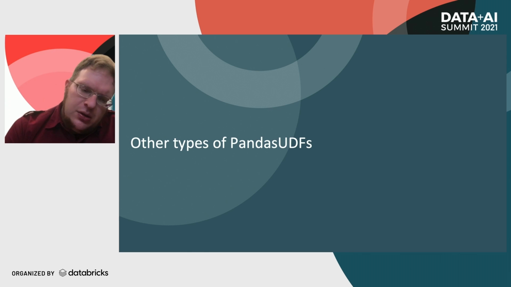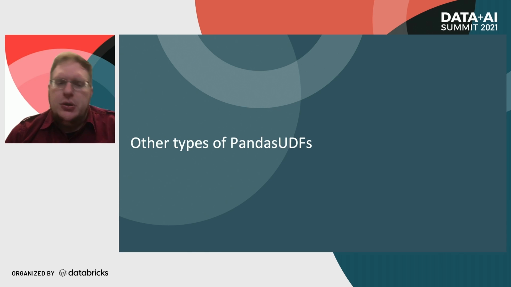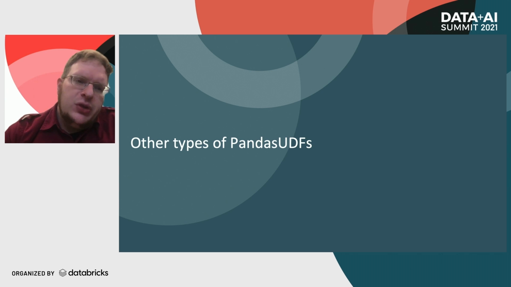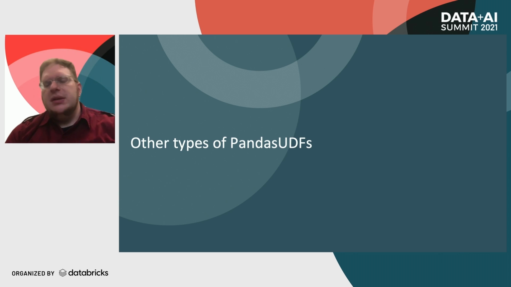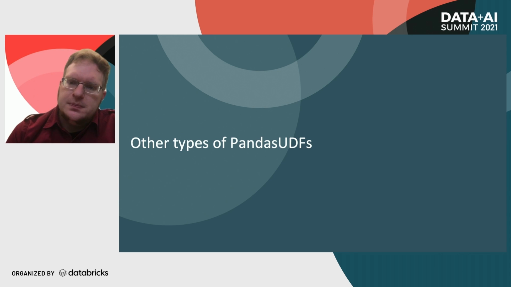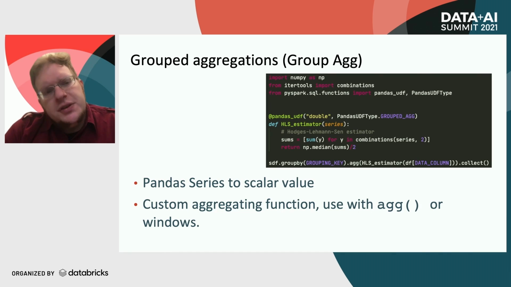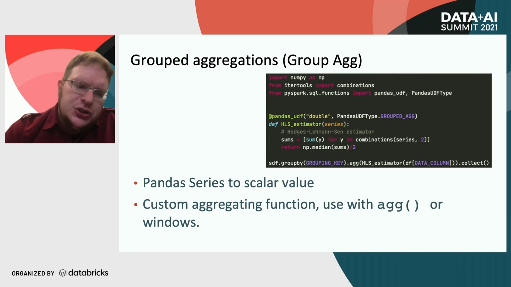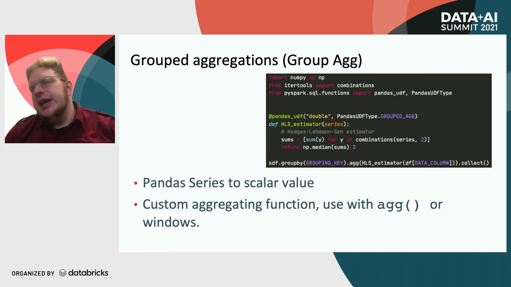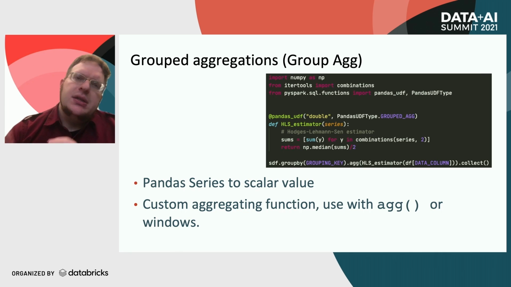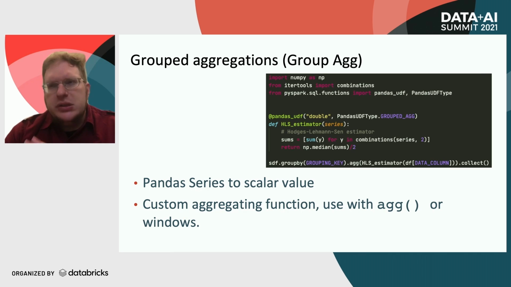So I have given you an overview of the group map UDF, which I think is probably the most helpful. With that said, there are some other Pandas UDFs available, and let's go through them and see some of their use cases. The first is the grouped aggregation. Simple aggregations like count, sum, mean, median, these are already available in Spark.